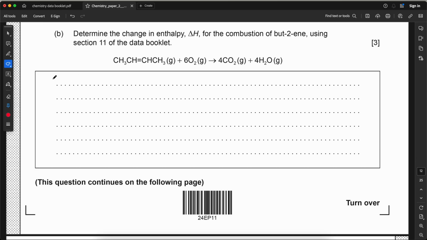So it's always good for you to draw the structure so it will be clear the bonds that are involved.